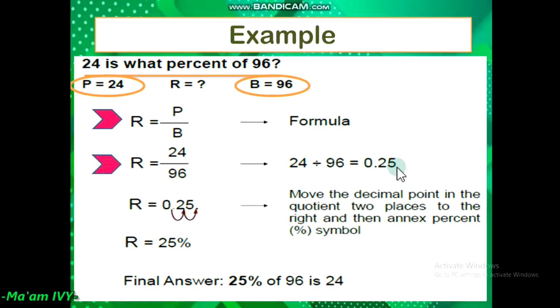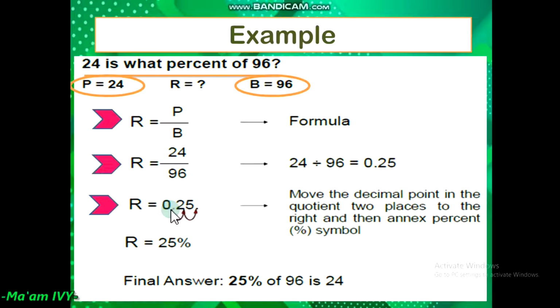0.25 or 25 hundredths. In writing the rate, you are going to move the decimal point in the quotient 2 places to the right. So from 0.25 or 25 hundredths, kids, we are going to move the decimal point 2 places to the right.